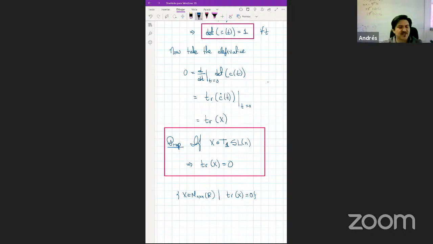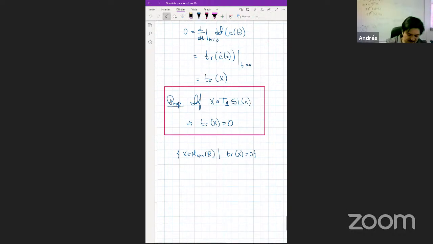What is the algebraic structure of that? You can even tell me how to write such a matrix. How will you write a matrix like that?